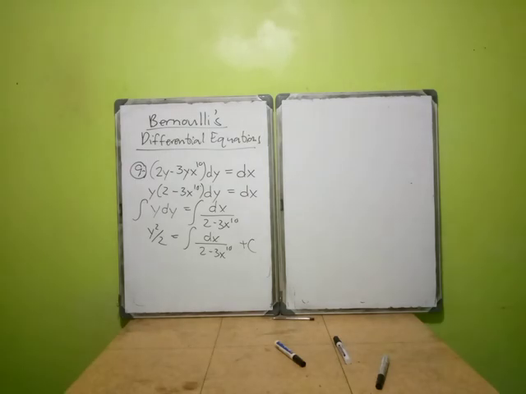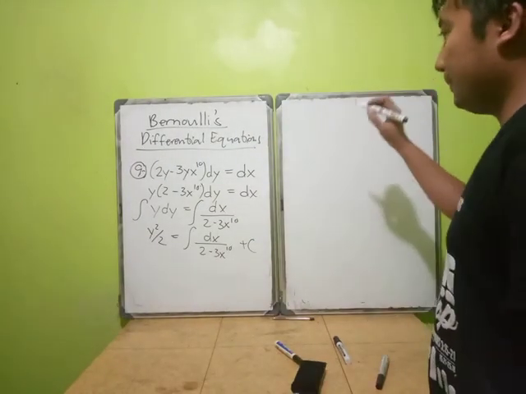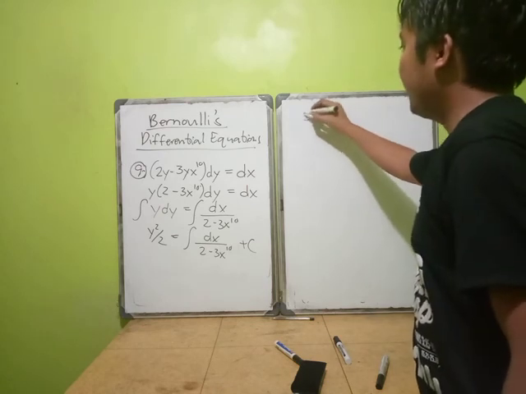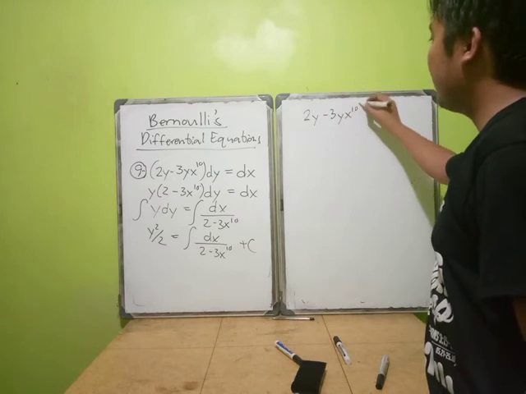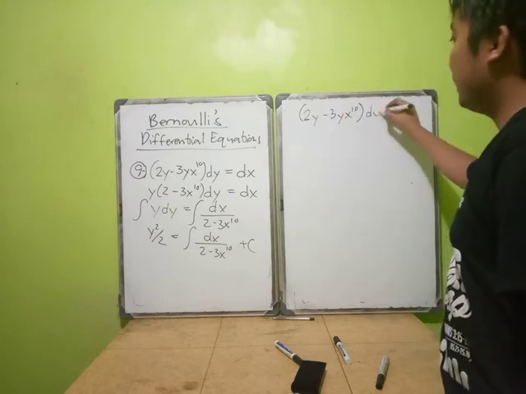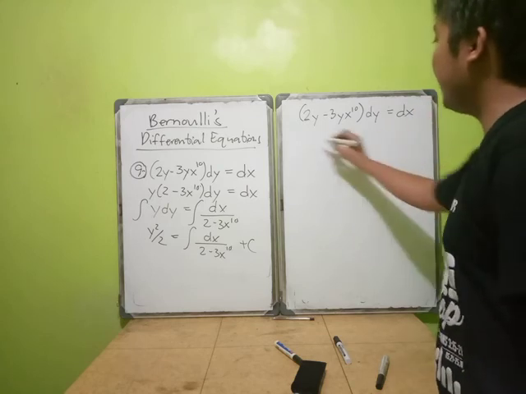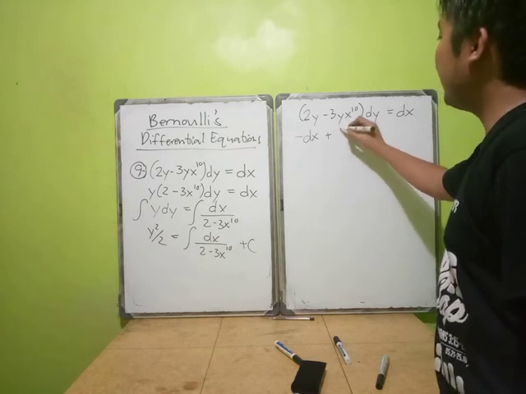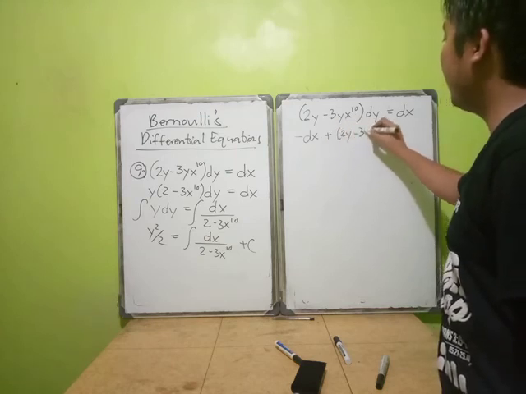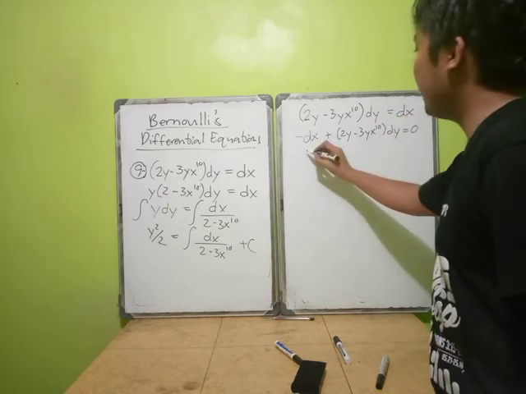So, pwede to siya Bernoulli eh. So magiging 2y, okay? Kopyahin ko muna. Okay, so pwede kasi dito ilipat ko dito ito maging dx. Negative dx siya, maging 2y minus 3y x to the power of 10 dy siya is equal to 0. Okay?